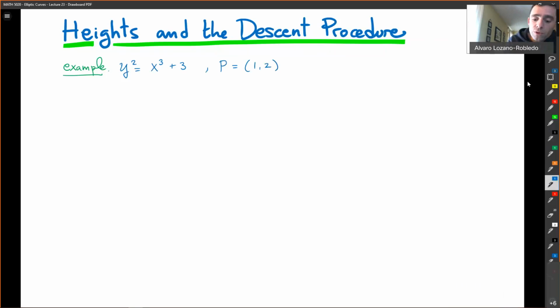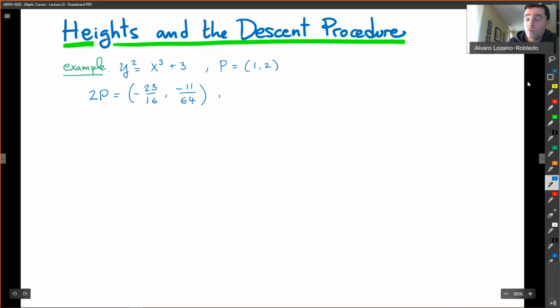And here's what happens when you do multiples of P. We'll talk about heights in a moment, but the height of P here is 1. I'm just looking at the height of the x-coordinate. So the height is 1. The height of 2P, well, 2P is (minus 23 over 16, minus 11 over 64). So the height there is going to be 23. Okay.